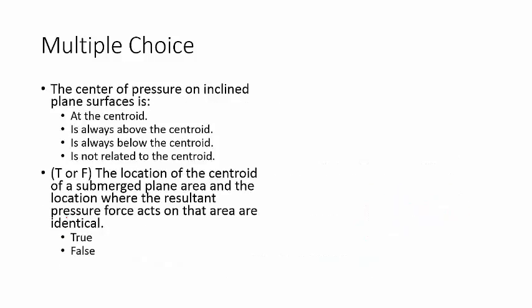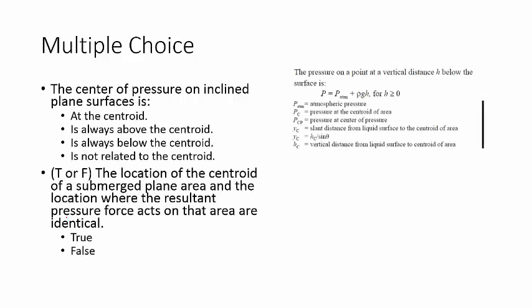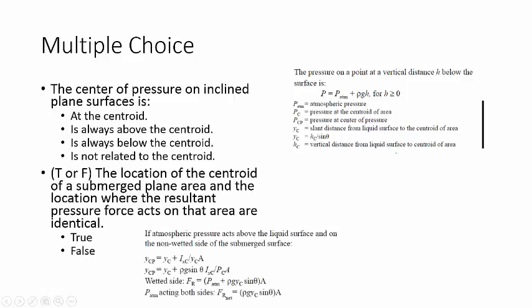The center of pressure on inclined plane surfaces is at the centroid, is always above the centroid, is always below the centroid, is not related to the centroid. So let's see. The pressure on a point is, you have an inclined plate. If you have an inclined plate, we have the water and we have the inclined plate, and this would be the centroid.